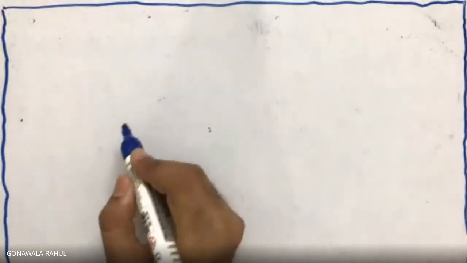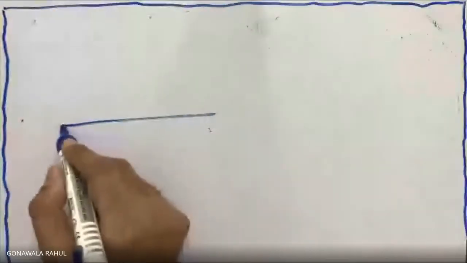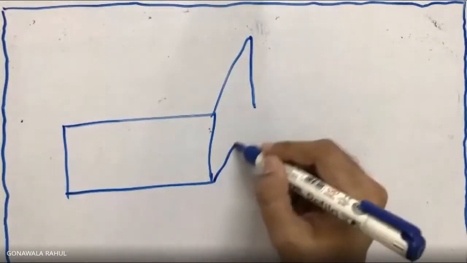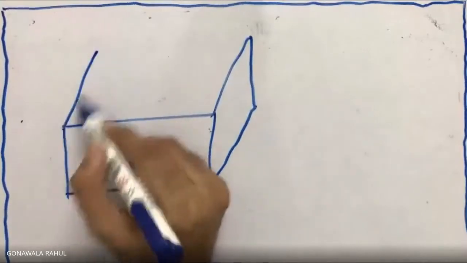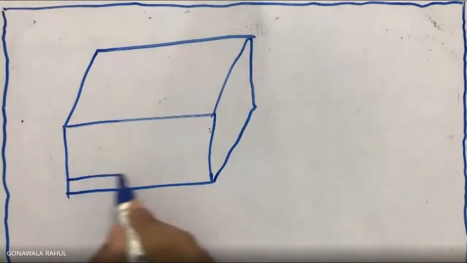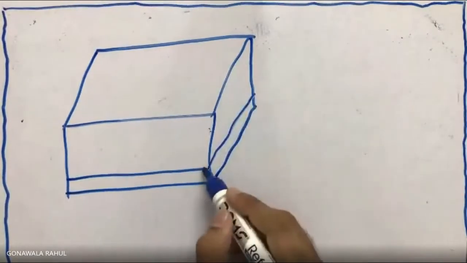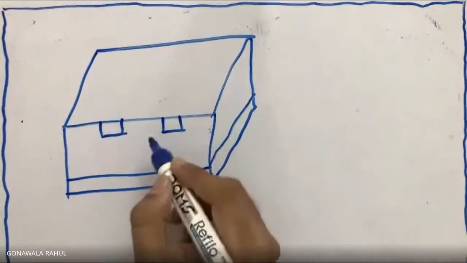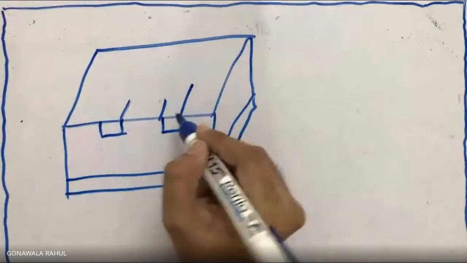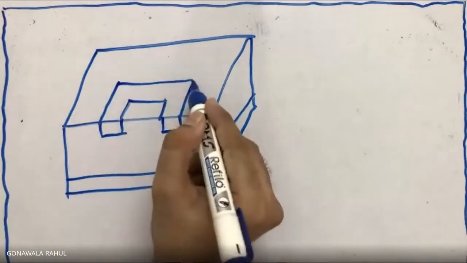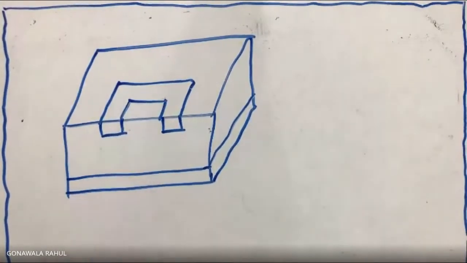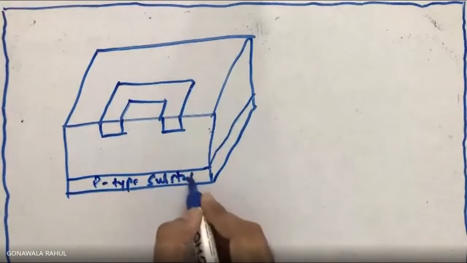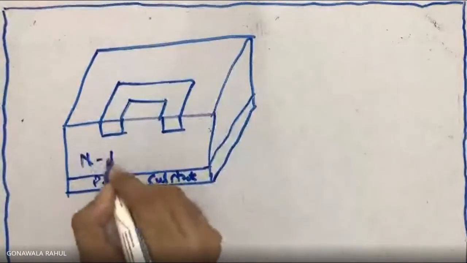A single-ended geometry view I am going to draw here. Basically, see here, this is a P-type substrate, on which we are using an N-type channel.